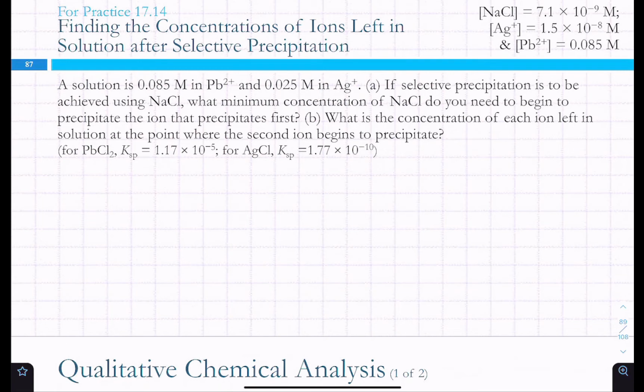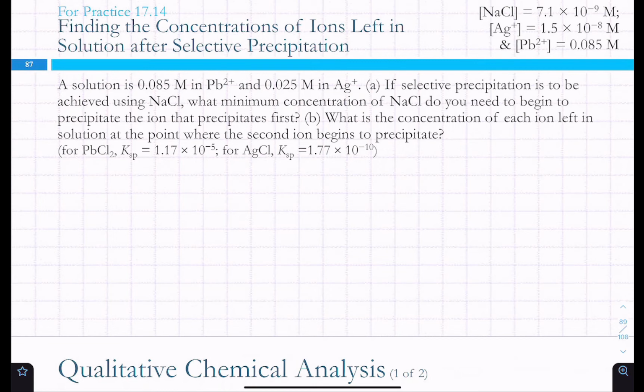And not in the least bit because the question stem is so long and contains two parts. So we have a solution that has lead and it has silver, given the concentrations.